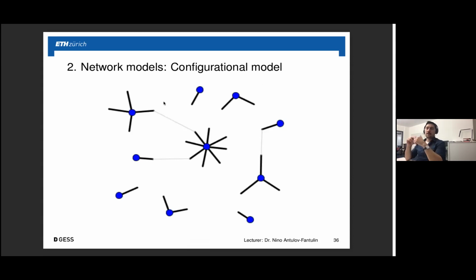Then you cut all the edges, so you are having half edges. This network now has a fixed degree distribution, and it can also have a fat tail. You would then try to randomly connect these half edges, and in this way you would create an ensemble of possible networks, which are all having the same degree distribution. And this type of model is called the configuration model.